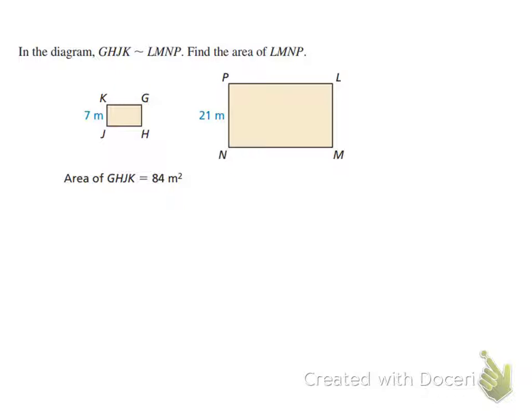Because we know we have similar shapes, what it says, find the area of LMNP. So, we don't have enough to do length times width. That's why we're doing this right now. We're going to take a side from the first, over a side from the second, squared. It equals the area of the first over the area of the second.